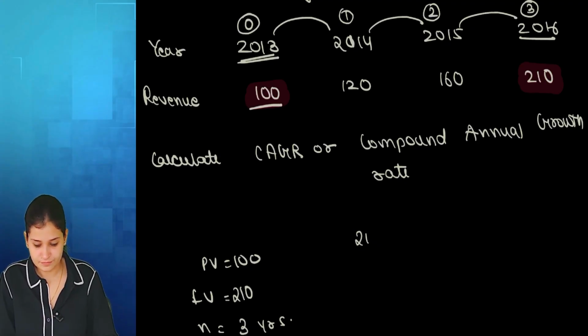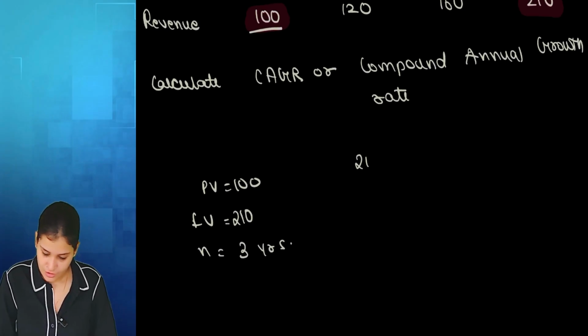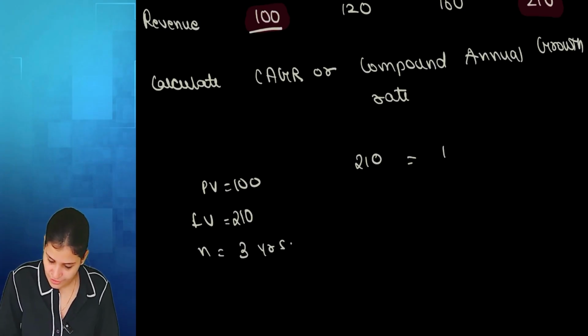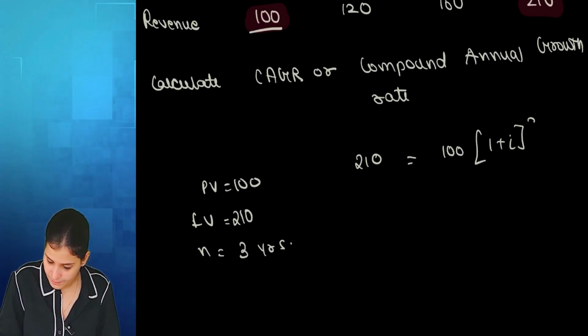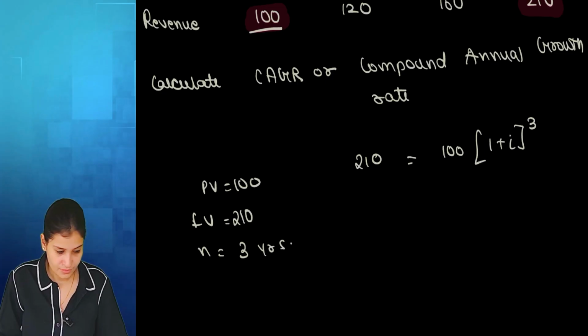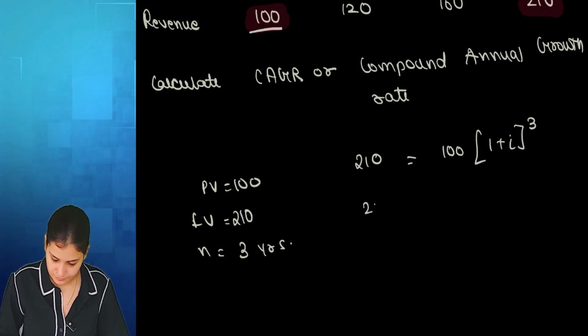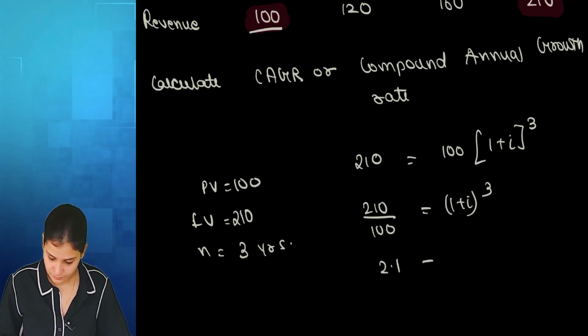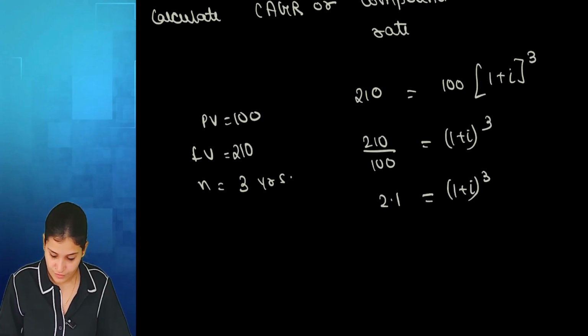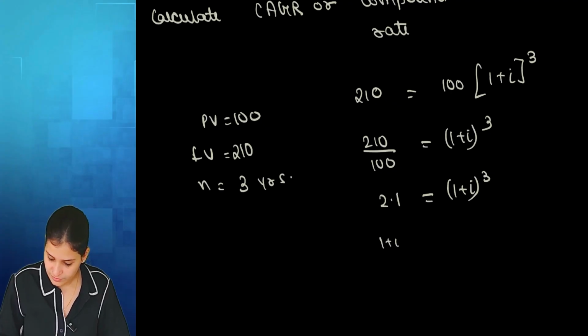So 210 is the future value, present value 100, 1 plus i to the power n. 210 divided by 100 is 2.1. What we want is the cube root.